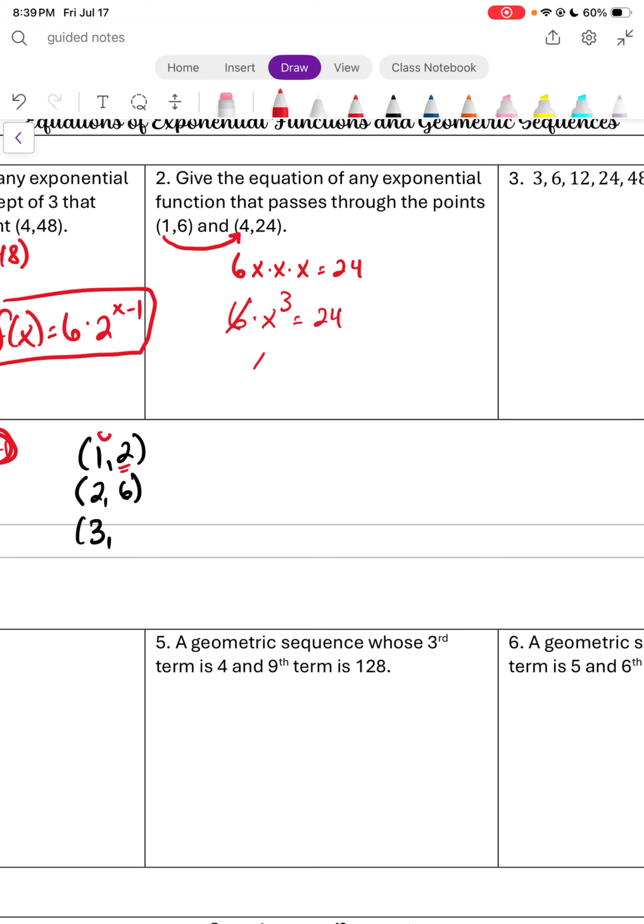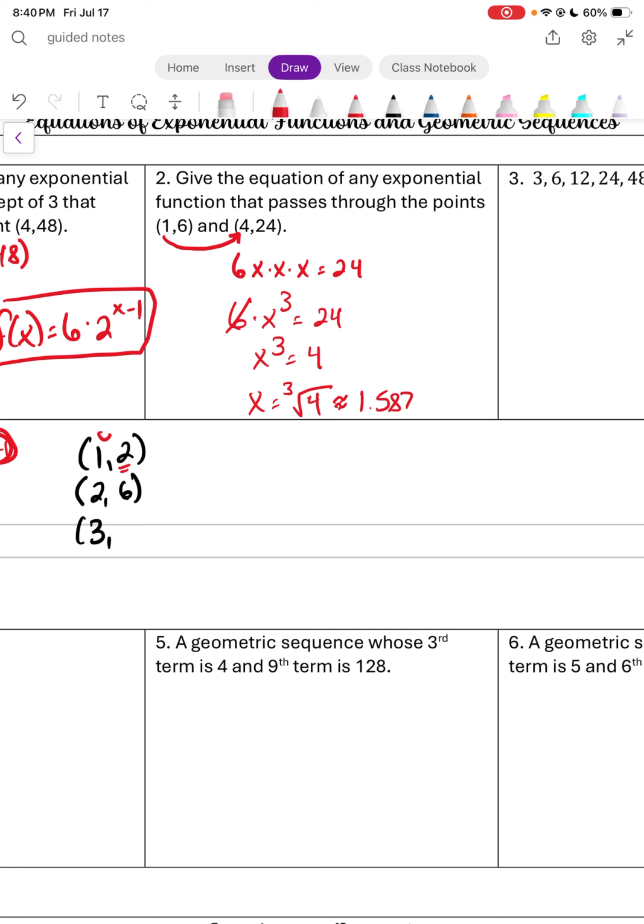But here's where the ugly part comes in. So x to the third, when you divide, gives you 4. In order to find the value of x, which it looked like it was going to be pretty simple, but it's not, it's the cube root of 4. And I'm going to type that in. I think I've got it on my calculator here already. I type the cube root of 4 in, and I get a value of 1.587 rounded. So it's about 1.587.